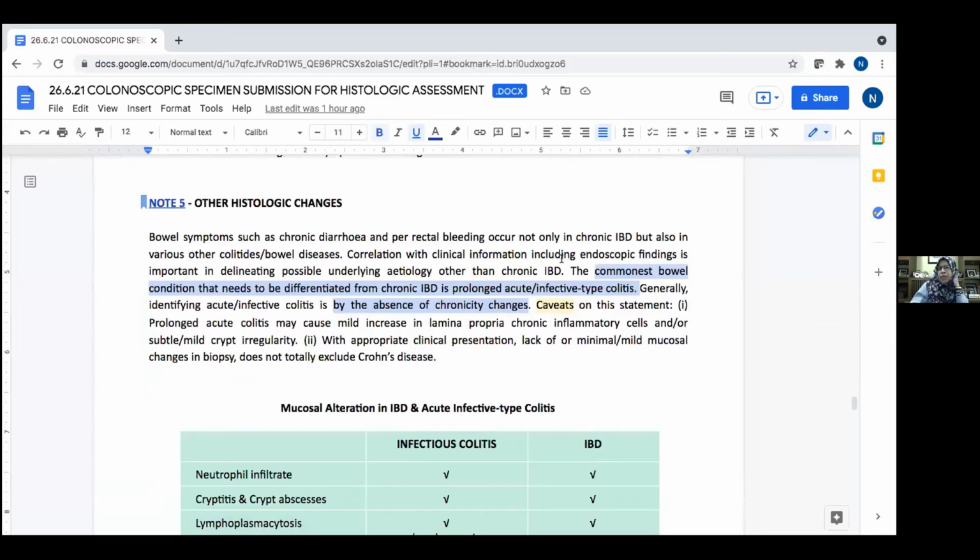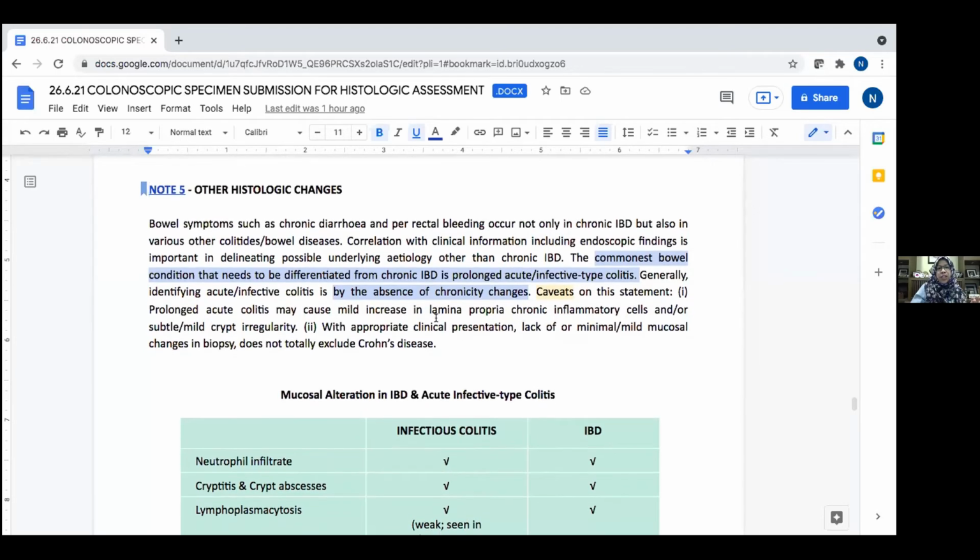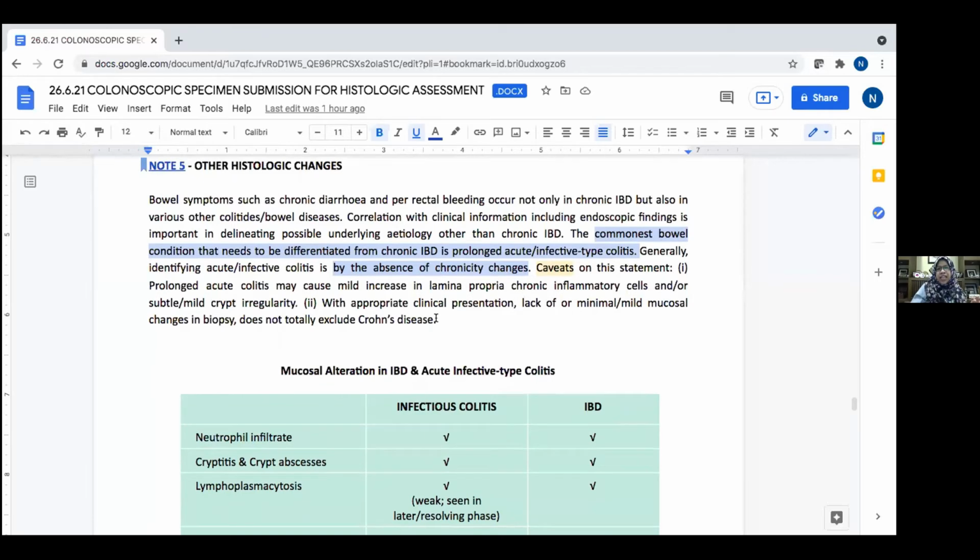All right, so the most important thing to exclude is to come to a conclusion whether this could be a case of prolonged diarrhea because of prolonged acute infection or prolonged acute infective type colitis. Basically, we diagnose infective colitis by the absence of chronicity changes.